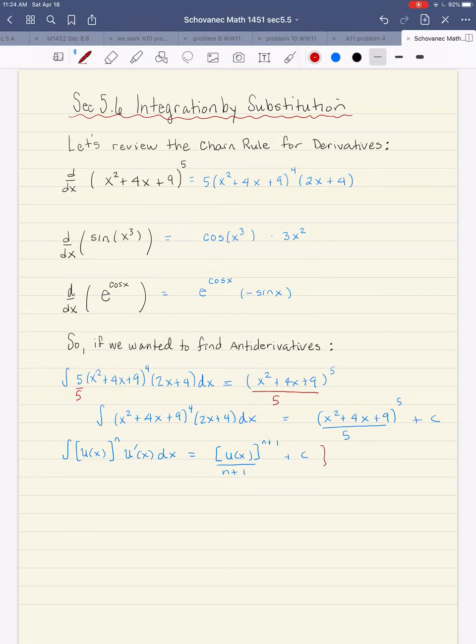That looks kind of big and messy. I'm going to write it nice and short and concise like this. The integral of u to the n du is u to the n plus 1 over n plus 1 plus c, where the du represents u prime of x times dx.